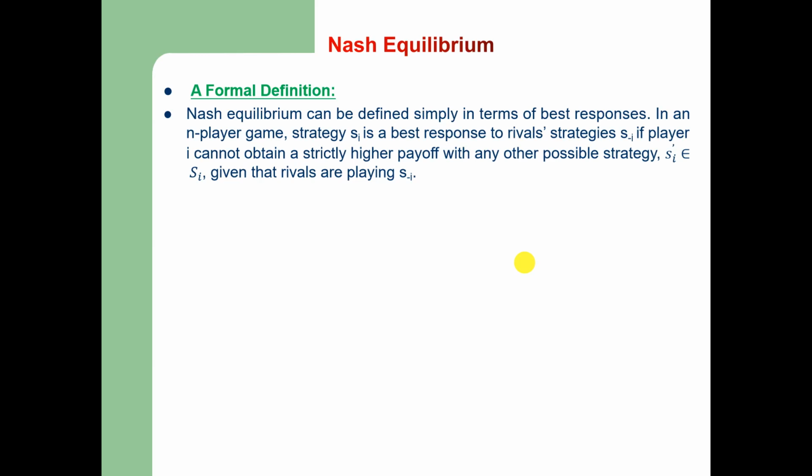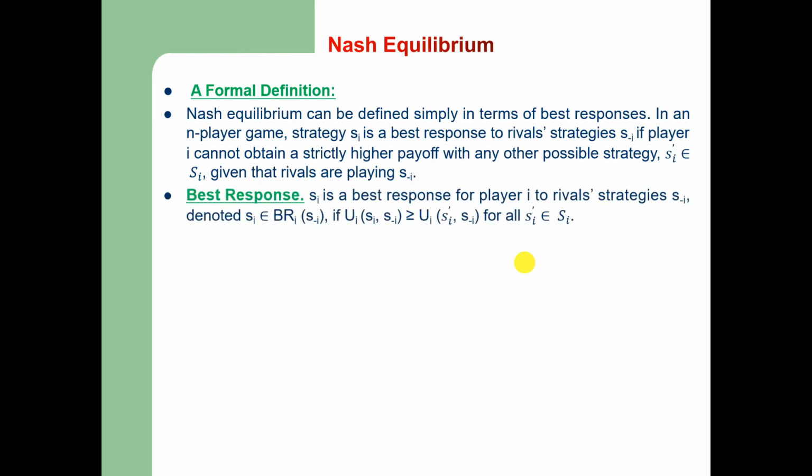S_i, that is a particular course of action, is in the possibility set given that rivals are playing S sub minus i. Best response. S_i is the best response for player i to rivals' strategies S sub minus i, denoted S_i is included in the best response for i in other possible strategies.